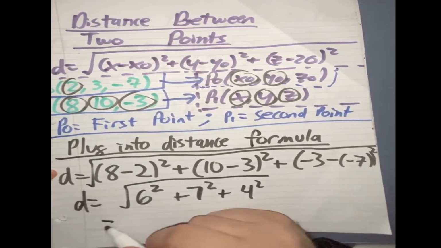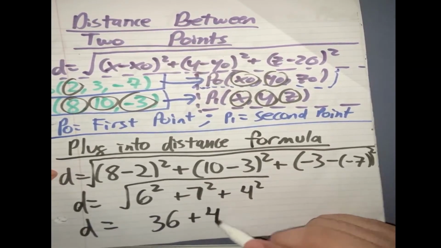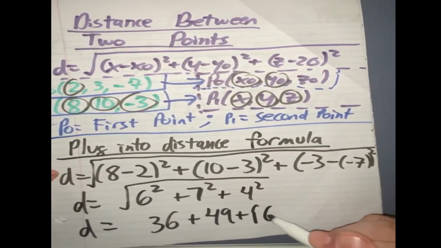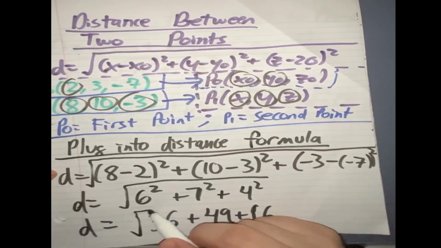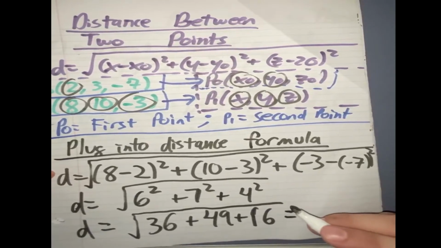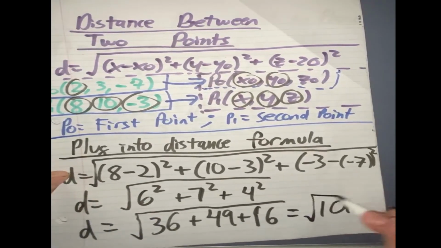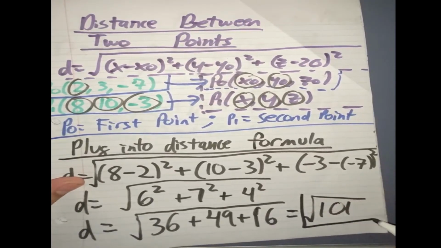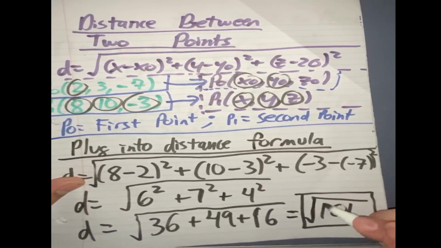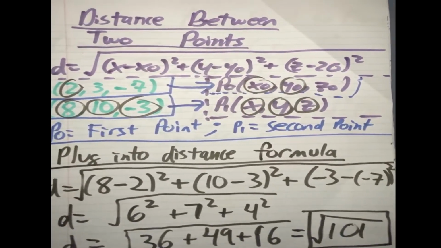And whenever we do the arithmetic, we get d equals the square root of 36 plus 49 plus 16. And we can compute this in our calculator, or we can just apply arithmetic and we get 65 plus 36, 101. And that's how you find the distance between 2 points.